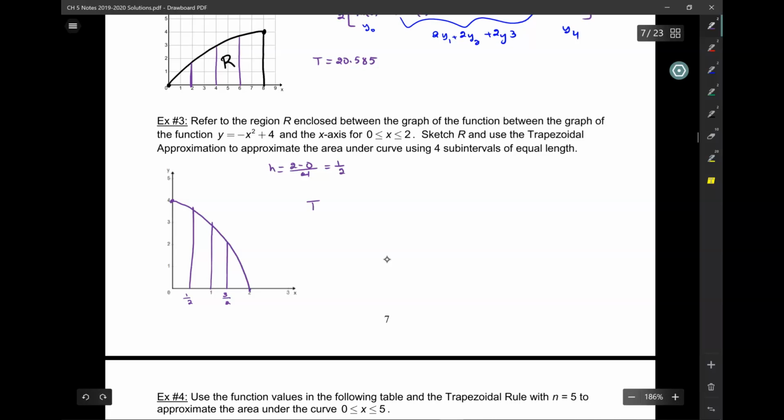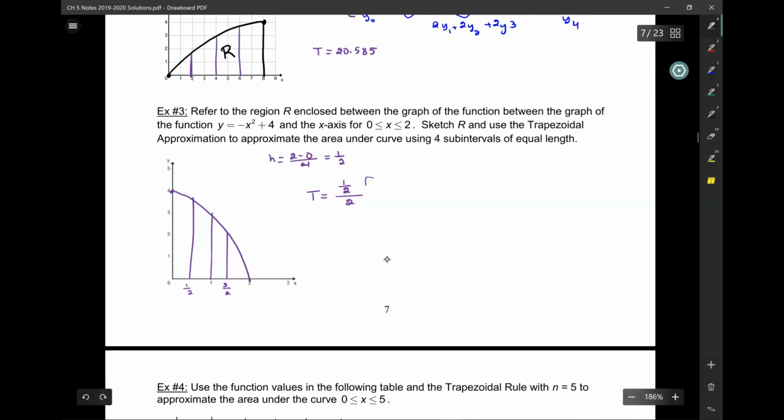So T is equal to 1/2, h over 2. I know we can do 1/4, I'm just covering all my bases here. Times 1 y0. So 1 times f of 0.